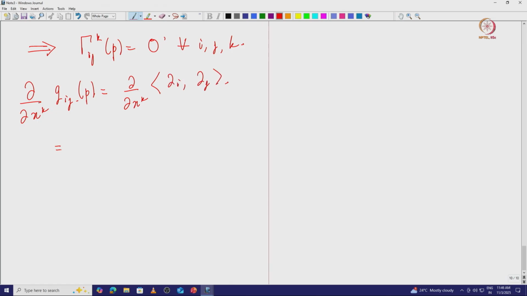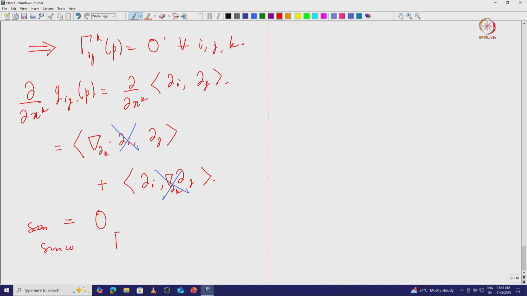But then by virtue of being a metric connection, this is the same as this plus this, but each of them is 0, so this is equal to 0 since all the Christoffel symbols vanish.